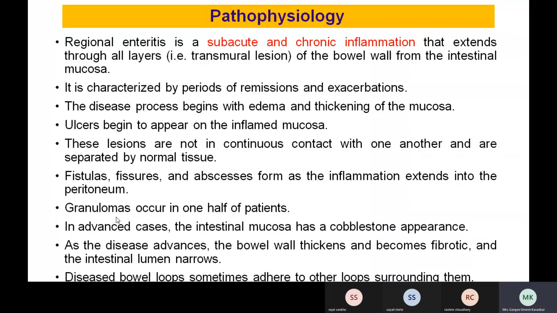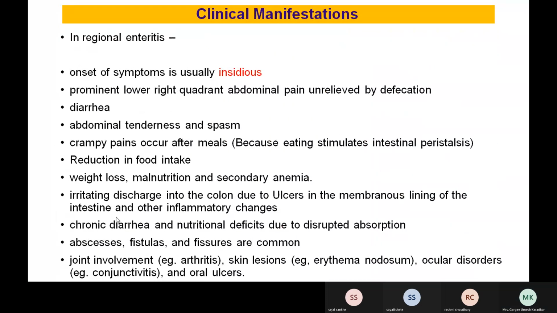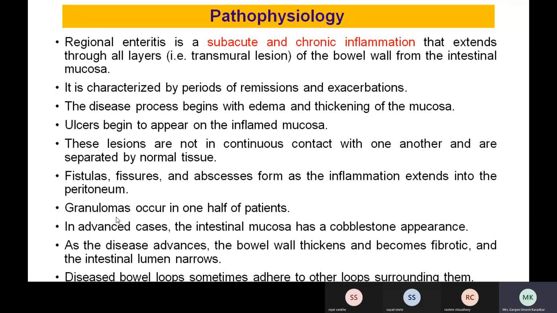Then as the disease advances, the bowel thickens and becomes fibrotic, and the intestinal lumen narrows, right? Diseased bowel loops sometimes adhere to the other loops surrounding them. Is it clear? In the pathophysiology, remember it's an inflammatory disease.